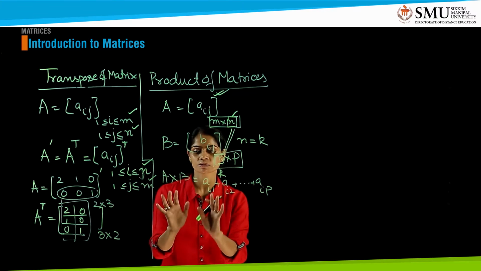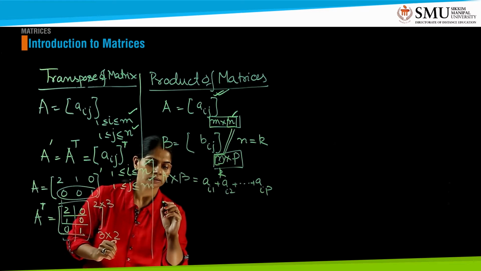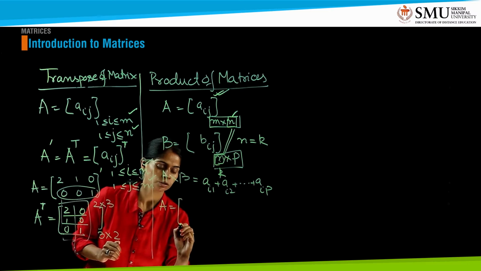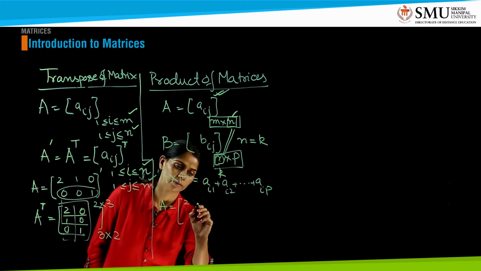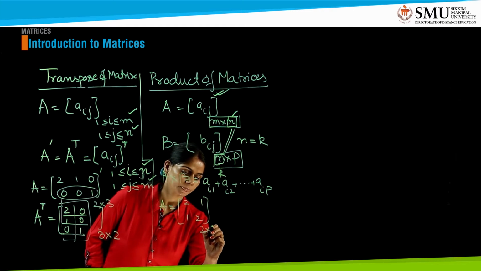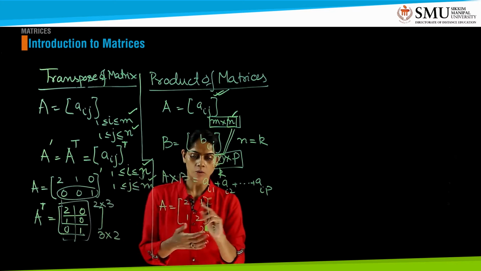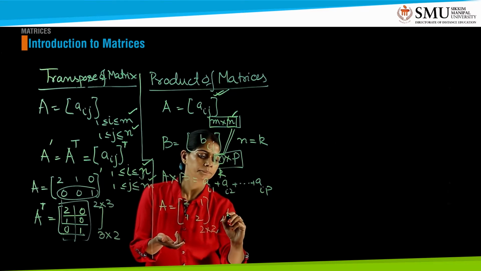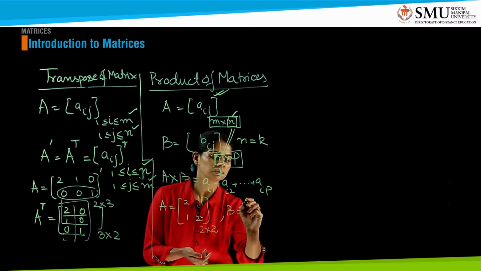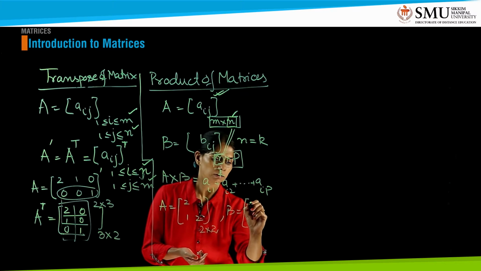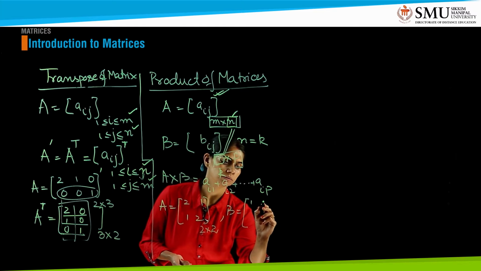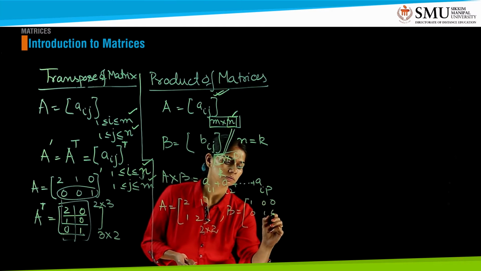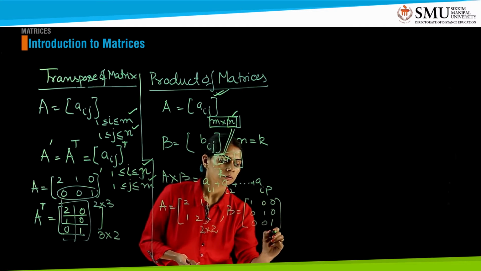You can understand this with the help of a simple example. Let us suppose that A is a 2 cross 2 matrix, 2, 1, 1, 2. Let us take a simple example, not going into a more complicated form. And B is this matrix, a 3 cross 2 matrix, 1, 0, 0, 0, 1, 0, 0, 0, 1.